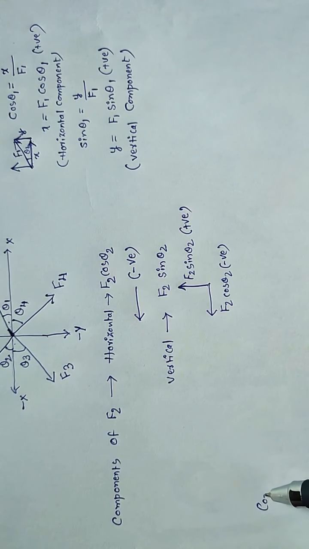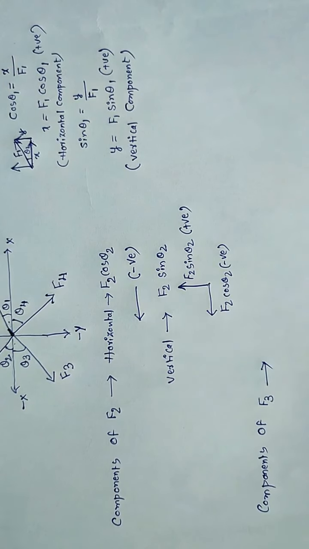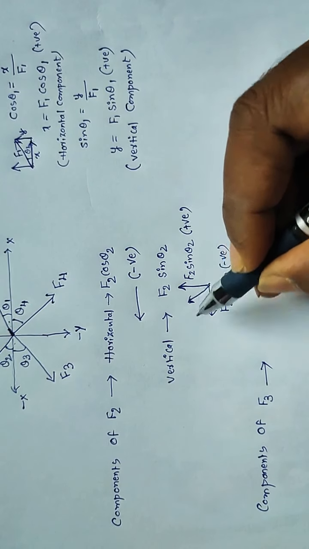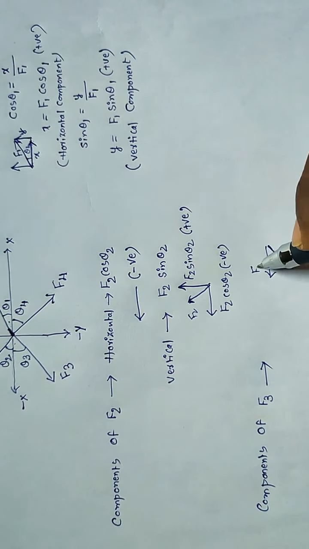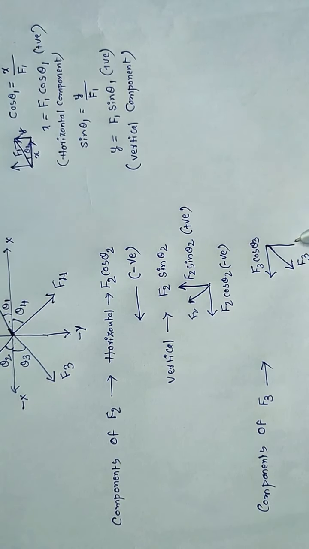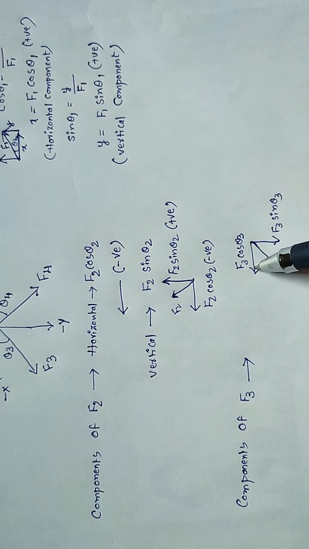Similarly, the components of F3. The horizontal component is F3 cos theta 3, and the vertical component is F3 sin theta 3.